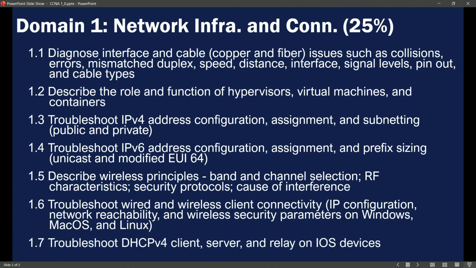And then finally, we round out this section with 1.7, troubleshooting the DHCPv4 client, server, and relay on an IOS device. Notice how specific that is. So it's very specific to DHCPv4. It's going to be troubleshooting based, and it's client, server, and relay as they would be configured on an IOS device.